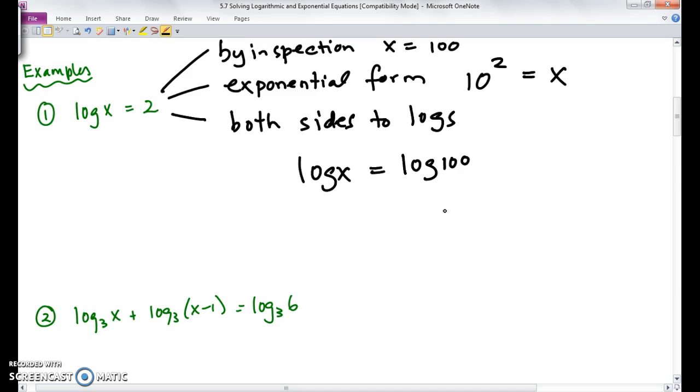But if you already know that, then clearly you know that x must be 100. Okay? But when you have logs that are equal to each other, that have the same base, then the arguments must be equal. And so our x equals 100. Okay? Questions about that?